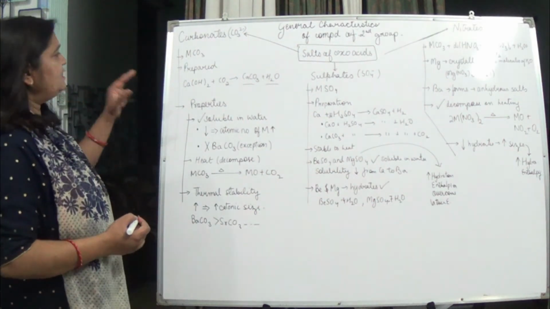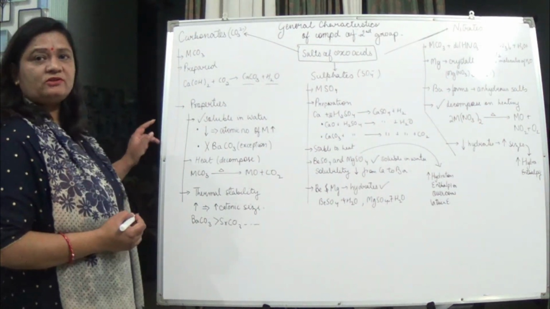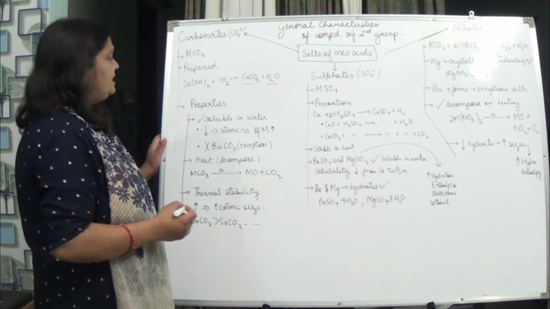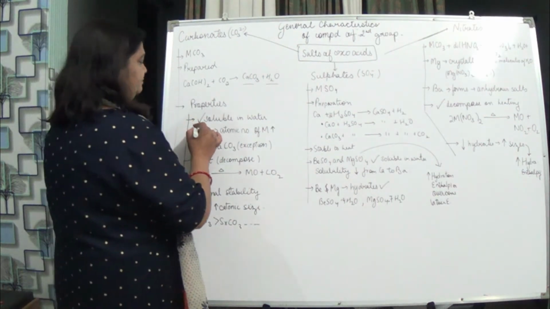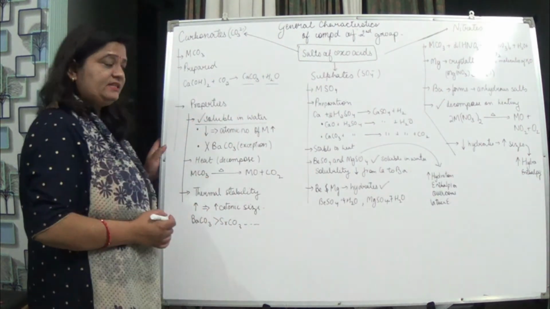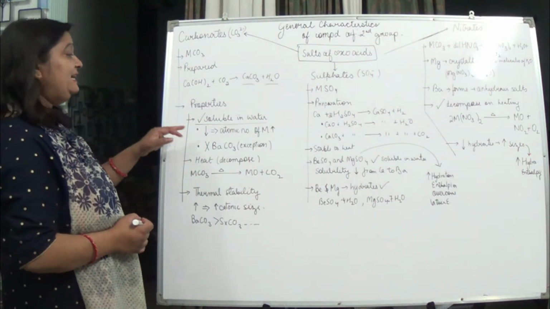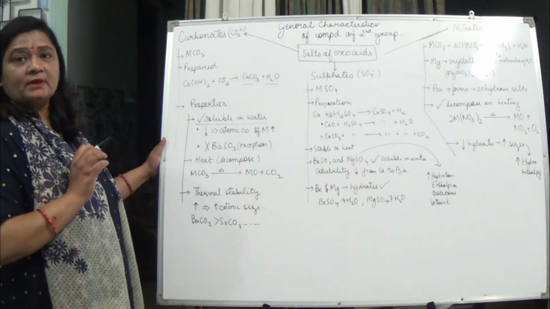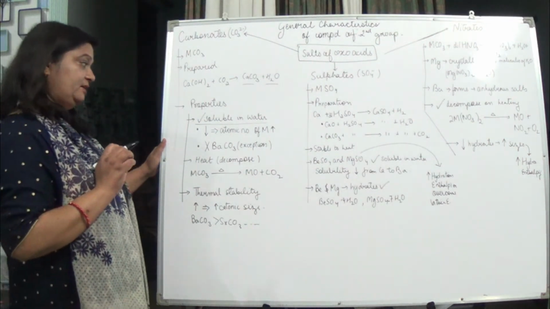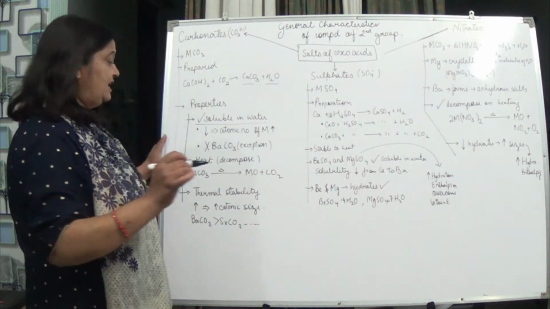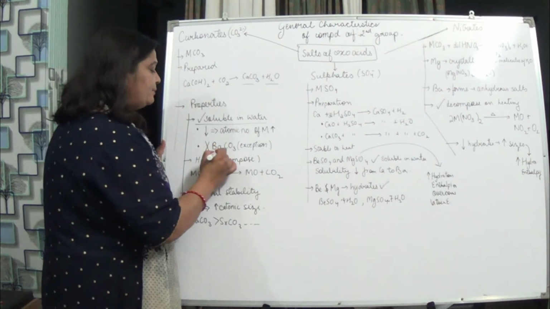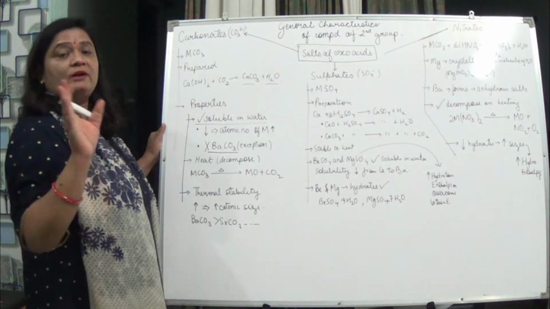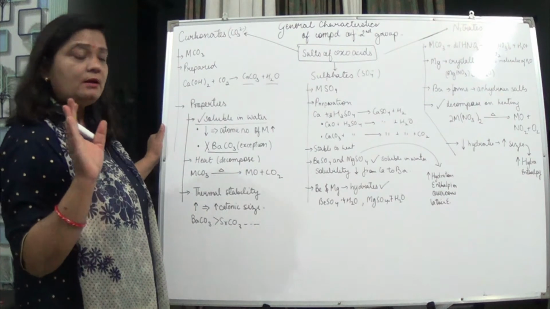Now when we see the properties of the carbonates of the second group elements, they are soluble in water. But its solubility decreases with the increase in atomic number of the element of the second group. That's why barium carbonate is not soluble in water.